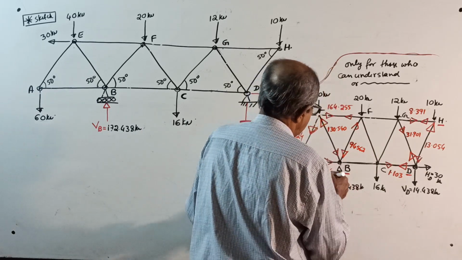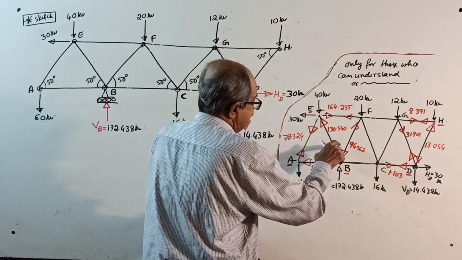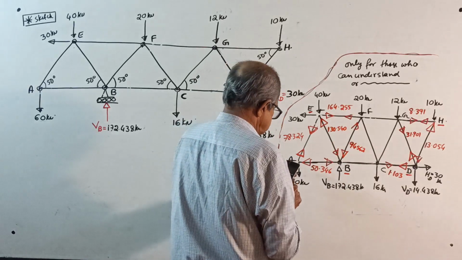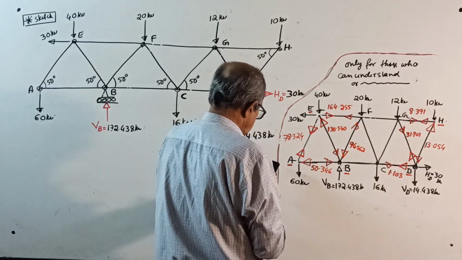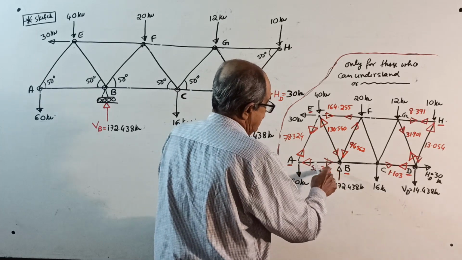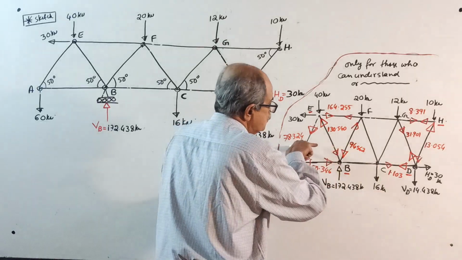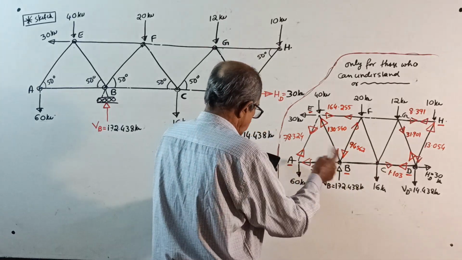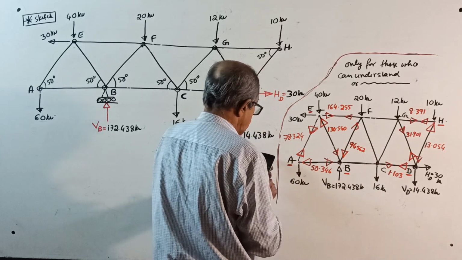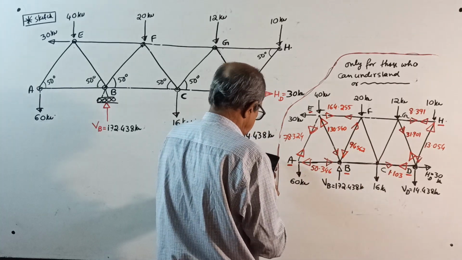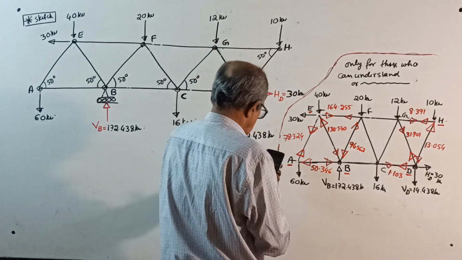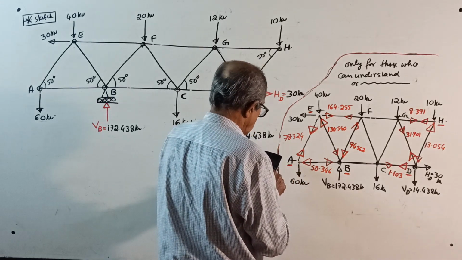Now, horizontally, this has a component left side, 94.562 into cos 50. Then this is a left side component, but this is a right side component. This is also a right side component, so I will remove that. Plus 50.346 plus 130.54 into cos 50.